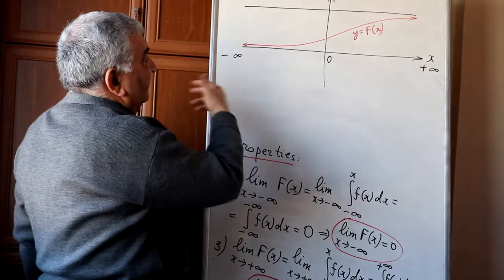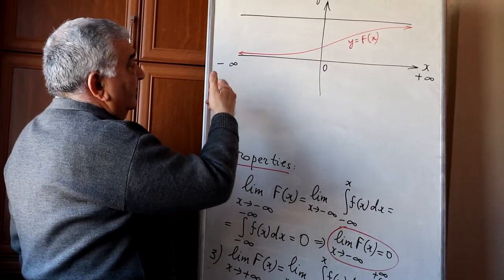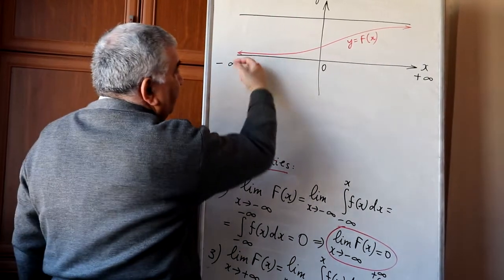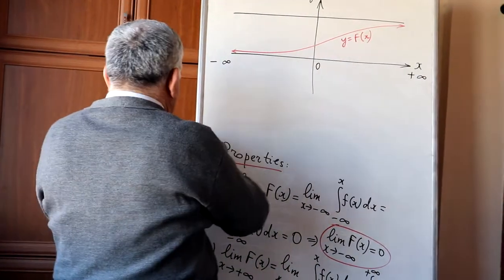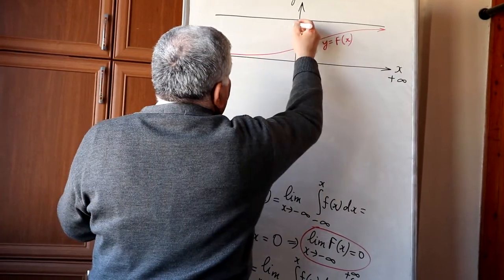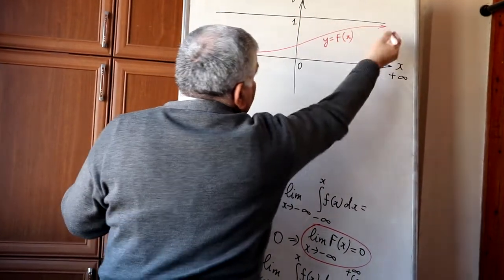Then at minus infinity, the graph tends to 0, and at plus infinity, this graph tends to unit.